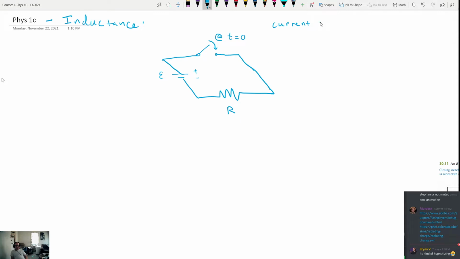Okay, so the current is going to grow from I equal to 0 up to I equal to E over R, right? Over some time interval.